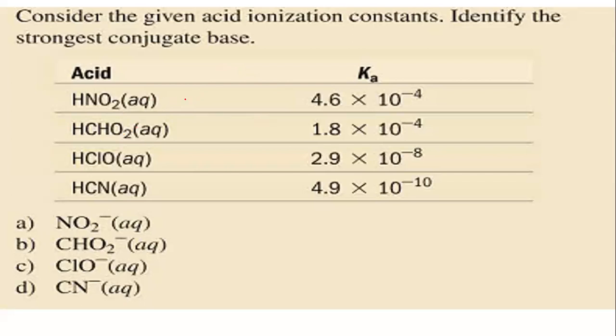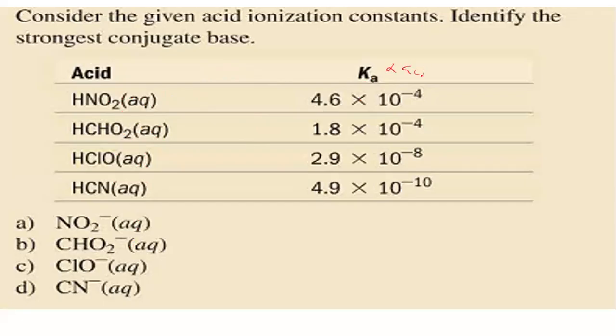And so what we have to do here is identify the acid which is the strongest. Now, if we see the acid which is the strongest, its conjugate base will be the weakest. If you are able to identify the acid which is the weakest here, its conjugate base will be the strongest. So if we want to find the weakest here, the K is directly proportional to acidity, right?